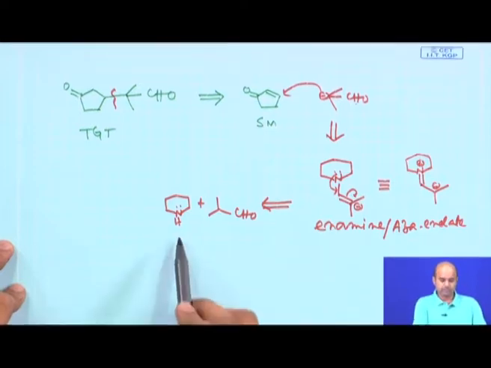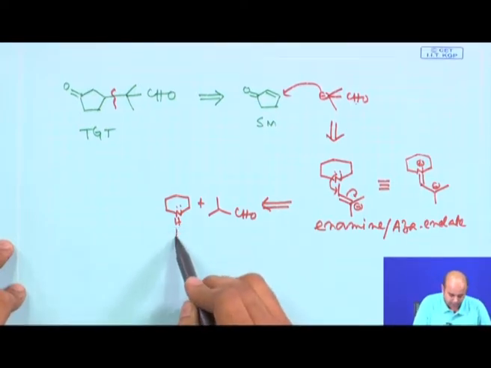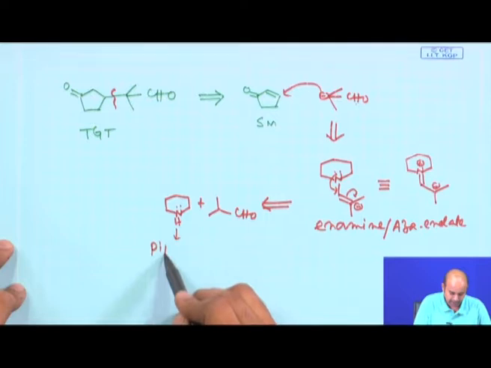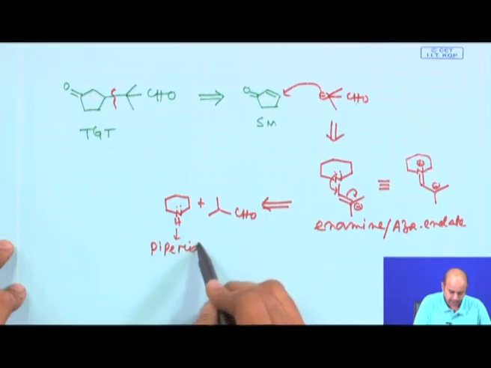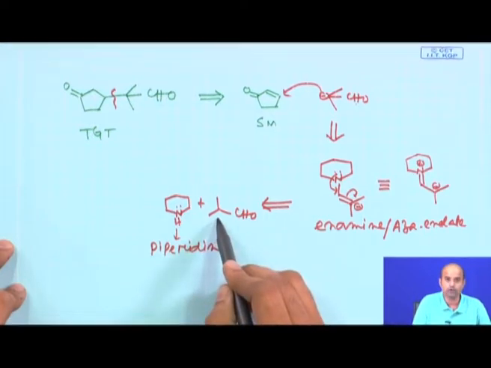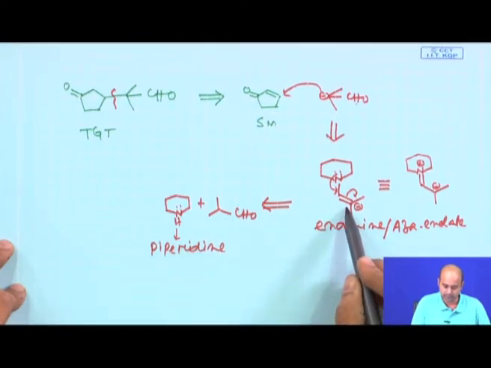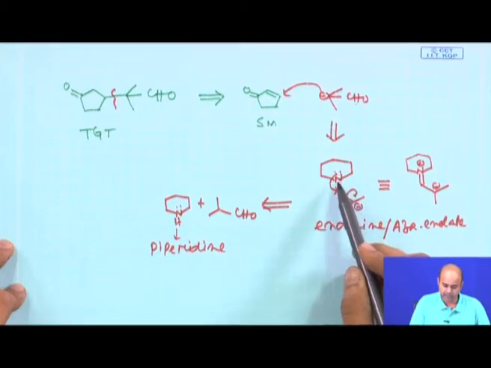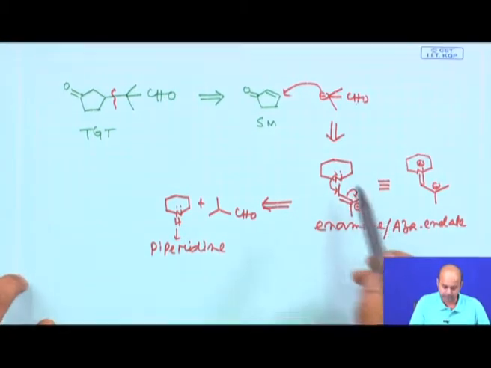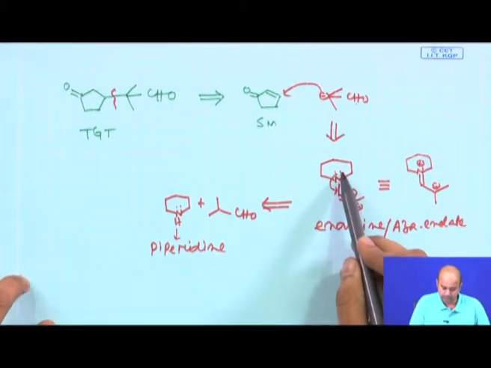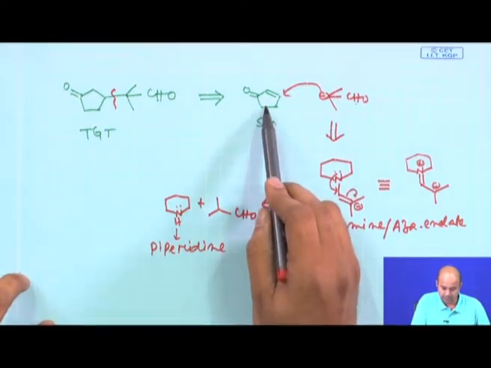fine. So, initially you react this compound, which is piperidine, the secondary cyclic amine, with this isobutyraldehyde. You get this enamine first. Okay. Then under this reaction condition, you need not isolate the enamine. You react this enamine with this starting material.